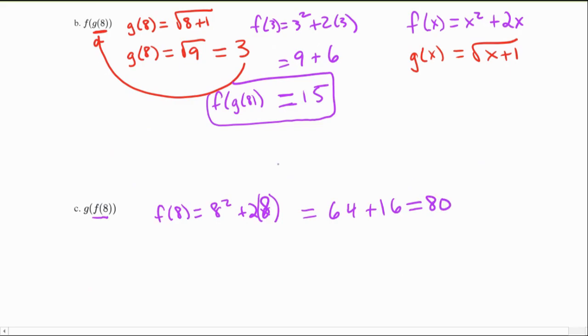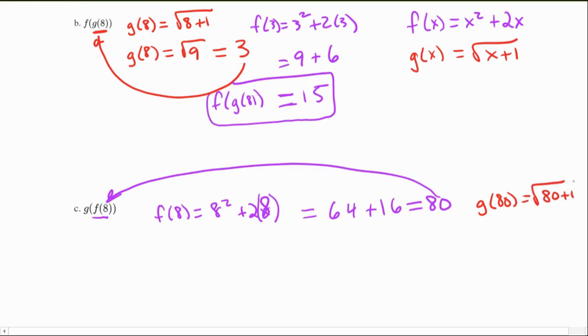And then I'm going to plug that into g here. So g of 80 equals the square root of 80 plus 1, which again, I'm just going to use the positive value here. So g of f of 8 equals the square root of 81, which is 9.